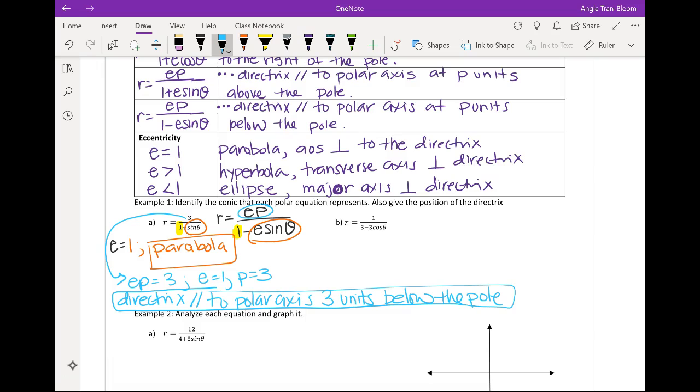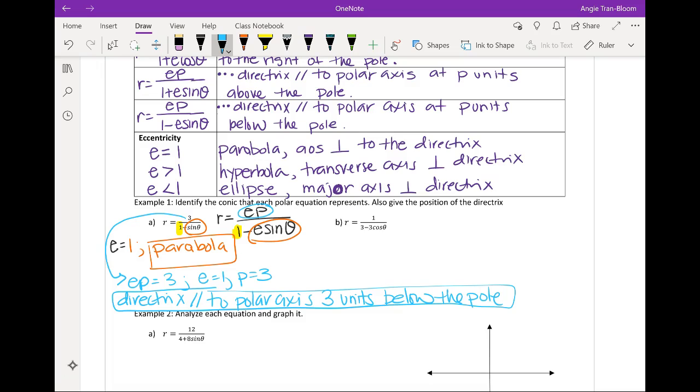Would you guys agree that if you know the directrix and you know your focus is at the pole, you should be able to locate the vertex? Where is the vertex in relationship to the focus and directrix? Right smack center. That's why the directrix is important.